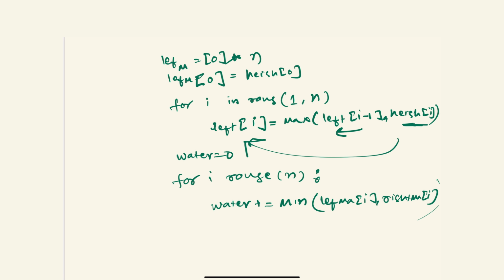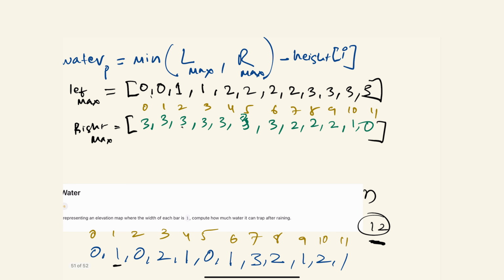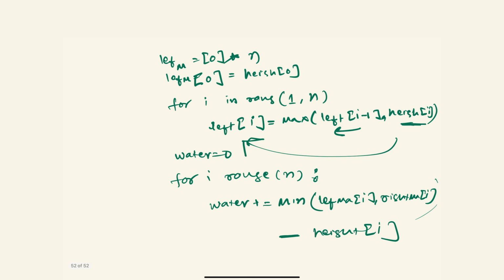Now this value we have to subtract with the height of the wall. This is the formula. I hope you remember this. Take the minimum value out of left max and right max, then subtract the height of the wall. Keep on adding this into water and finally return water.